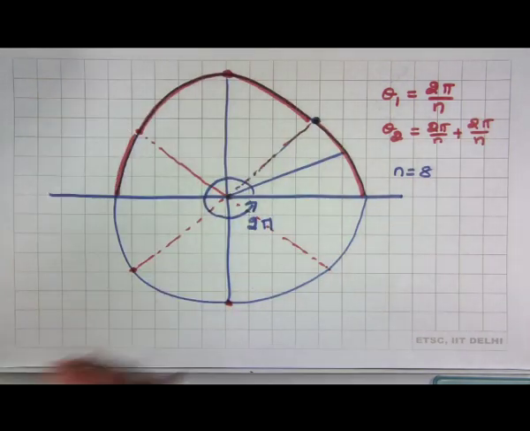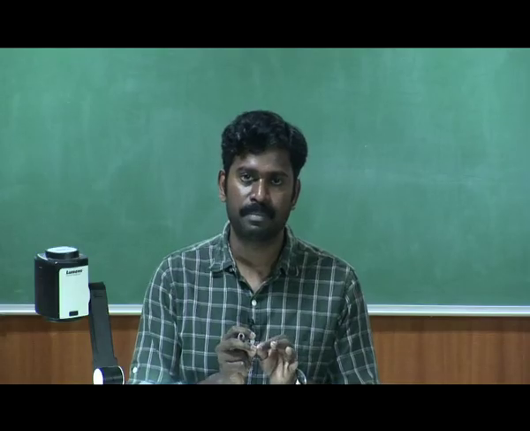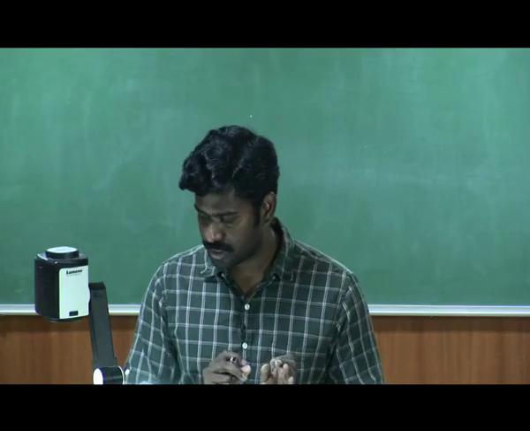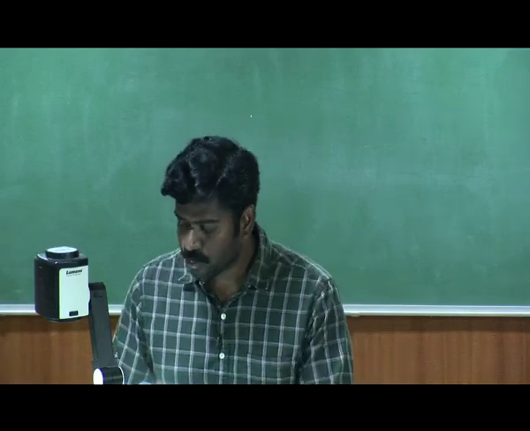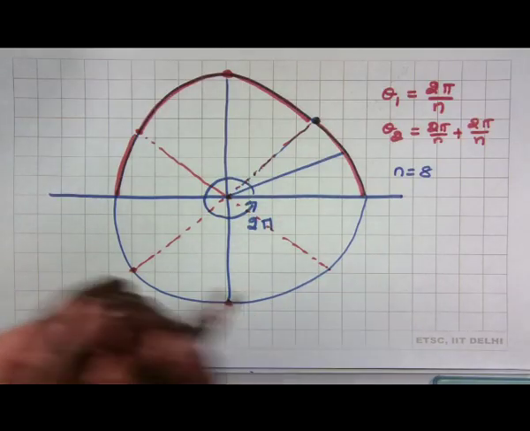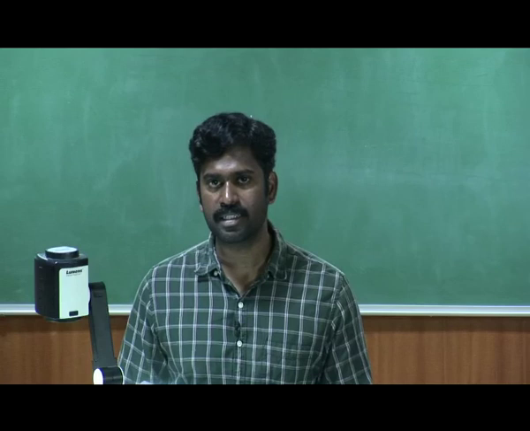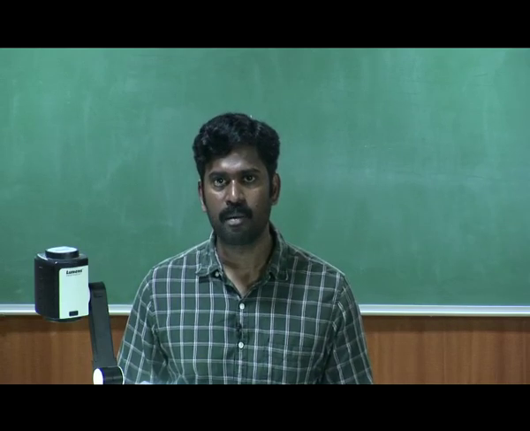Okay. So if I try to place an object like a polygon on these vertices, then what you are going to get is a regular n-gon.